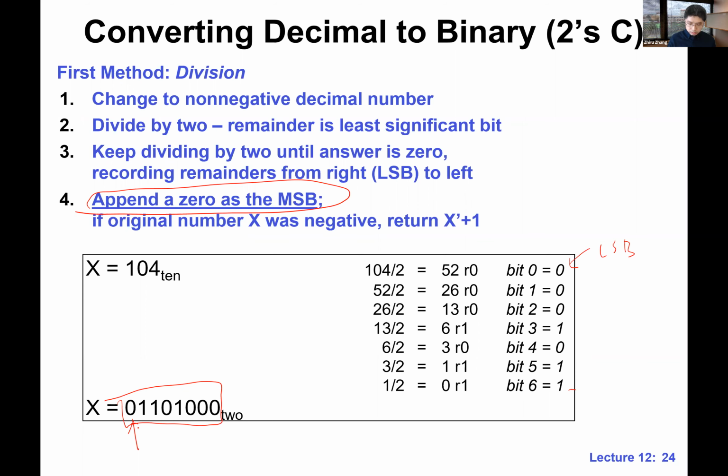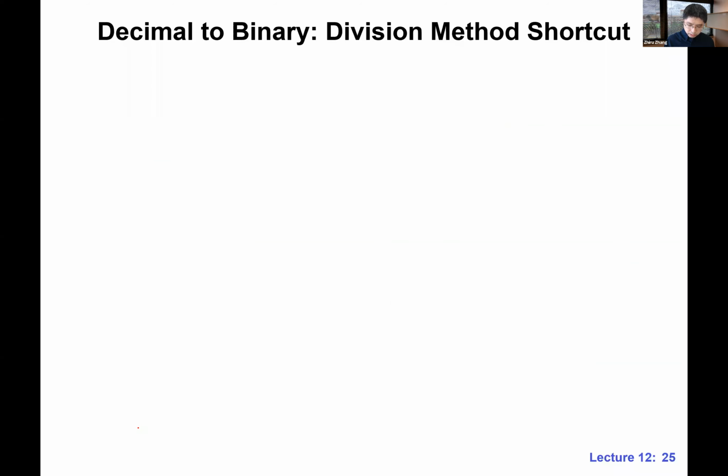Okay, there's actually a shortcut for the division method, if you don't really want to keep track of the remainder. This is just one trick. We have 104. Again we do division and divide it by 2, but we put the result on the right-hand side. That's where we get 52.